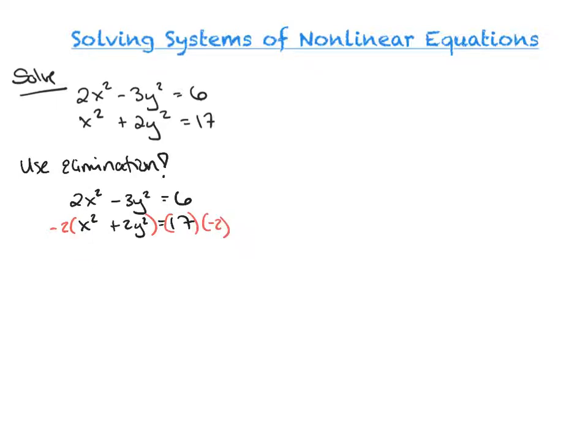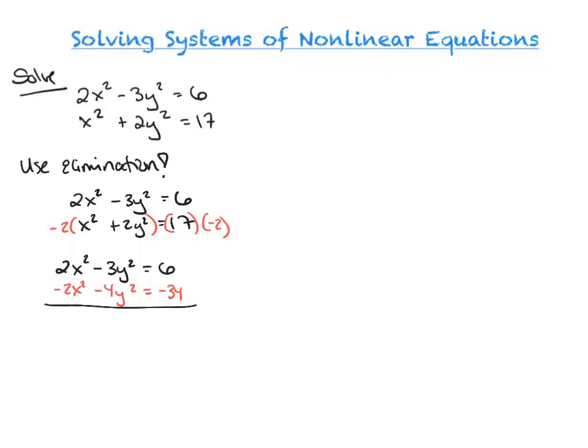The top equation stays, so that would be 2x squared minus 3y squared equals 6. And the bottom equation would become -2x squared minus 4y squared equals -34.